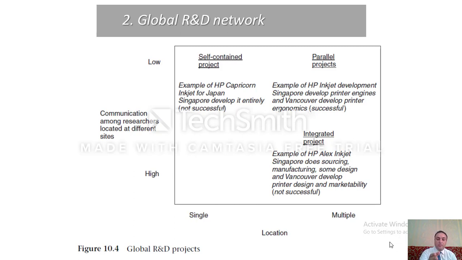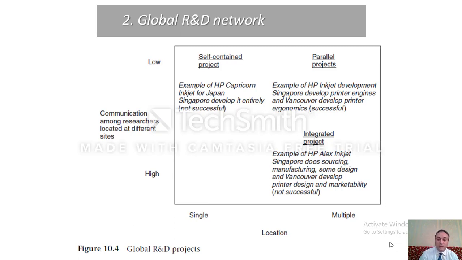We have here a single location and low communication among researchers located at different sites. In the other approach, the integrated project, we have multiple locations and high communication among researchers located at different sites. For example, in the HP Alex inkjet model, Singapore did sourcing, manufacturing, and some design, and Vancouver developed the printer design and marketability, and it was also not successful.